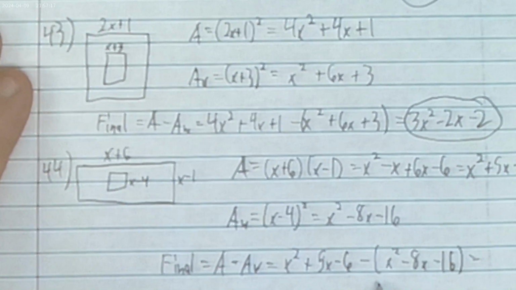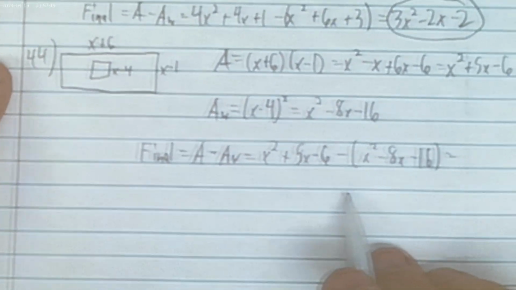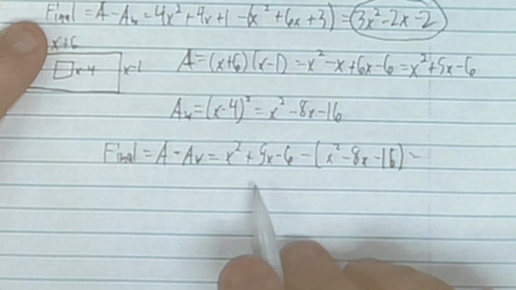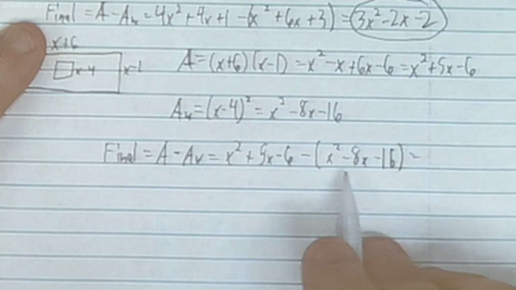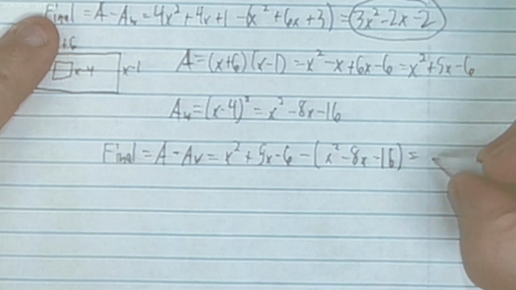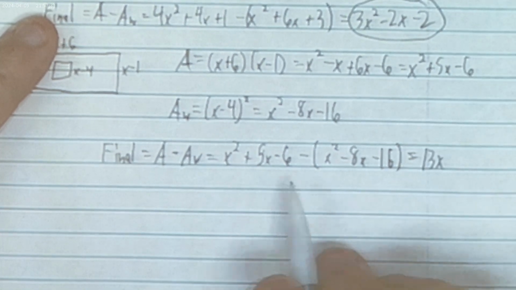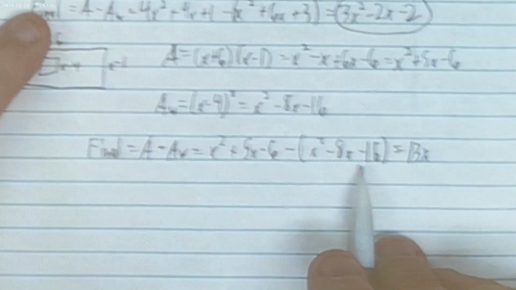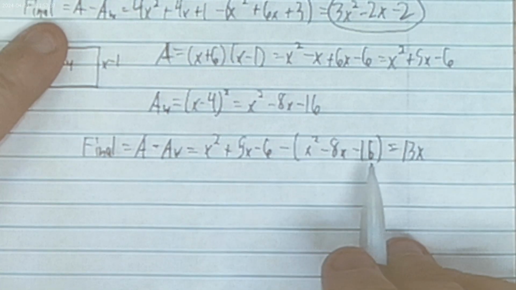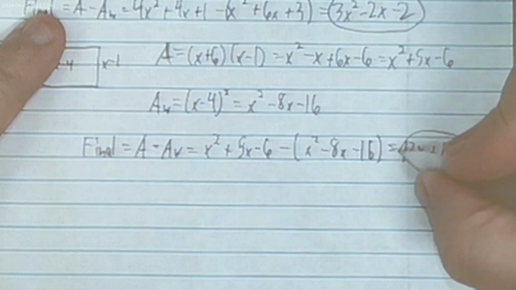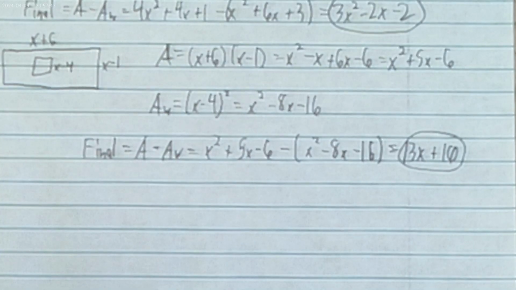So x squared minus x squared, those are going to cancel out. 5 minus negative 8 is the same as 5 plus 8, so that's going to equal 13x. And then negative 6 minus negative 16 is the same as negative 6 plus 16, so that's going to be 10. And there we go, 13x plus 10.